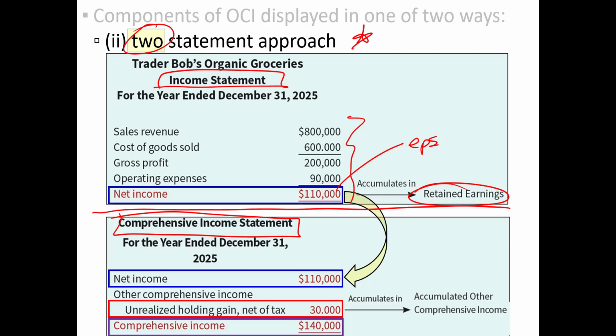Well, we call it comprehensive income. It starts first by showing what was net income from the income statement, showing this OCI here of 30,000 and saying this is the true bottom line to the business. But we want to make sure it's very distinct, that the 140 really isn't all available for dividends. Really just the 110 is available for dividends.